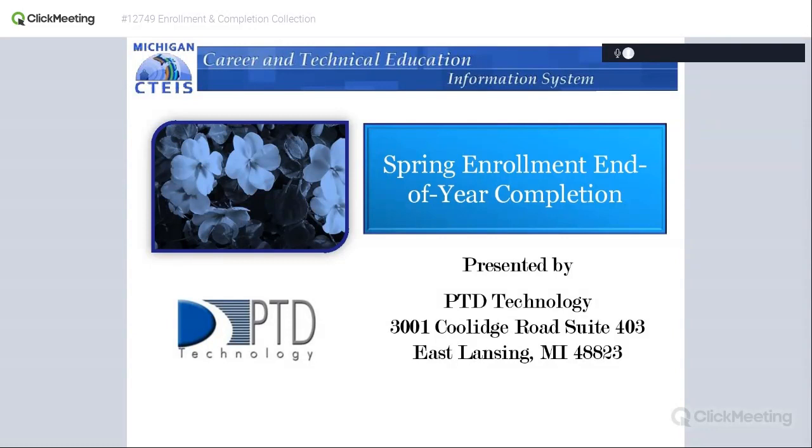Your spring collection, including your credentials and work-based learning, just like we're doing now, are completed in June, and your expenditures reporting begin in September and complete in November. And then the final is your follow-up data collection, begin in October and complete in January.